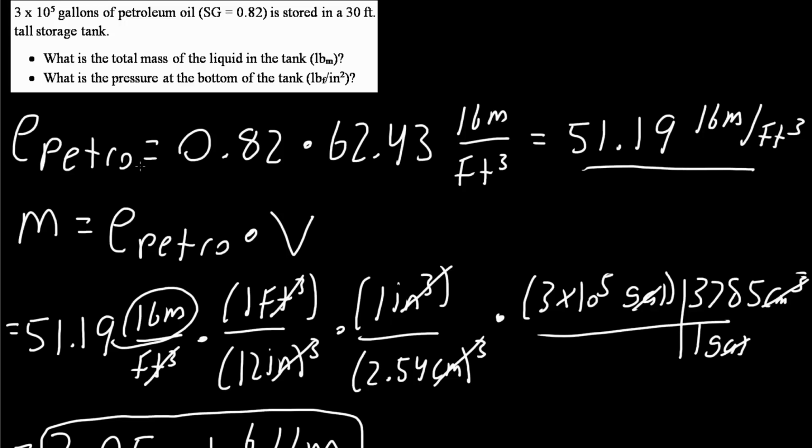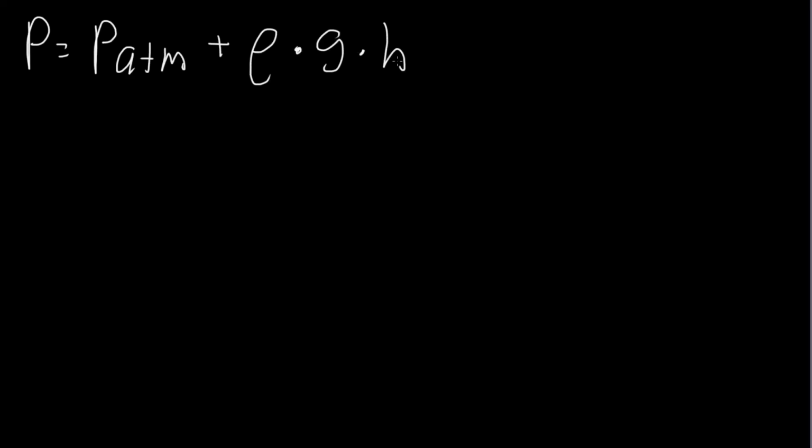The second problem states, what is the pressure at the bottom of the tank in pound force over inches cubed? You can pause right here and maybe write down the question. For this problem, we can say that pressure is equal to the atmospheric pressure plus density times gravity times height.